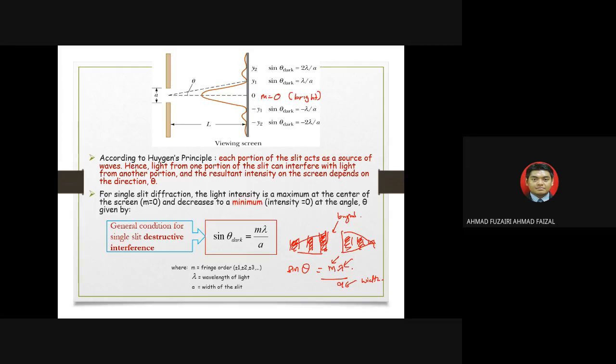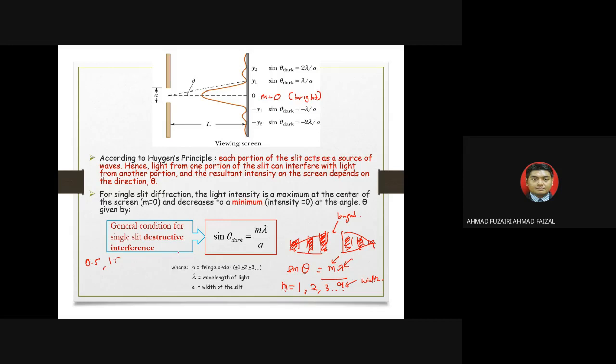Width of the slit, lebar slit itu. And of course, the dark fringe. Remember, the dark fringe starts at m equals 1, followed by 2, 3, and so on, and -1, -2, and -3. So if you look carefully, in the interference of the double slit, the destructive interference starts at 0.5, 1.5, and so on.